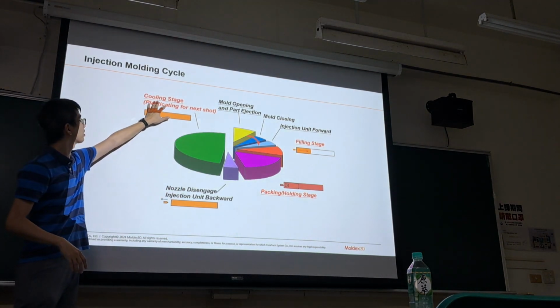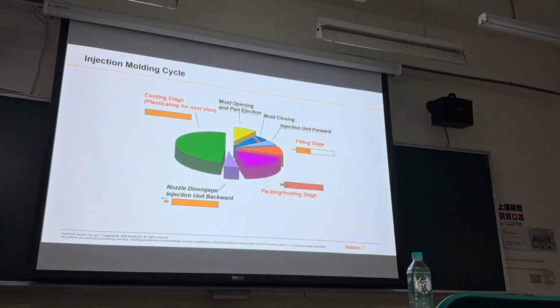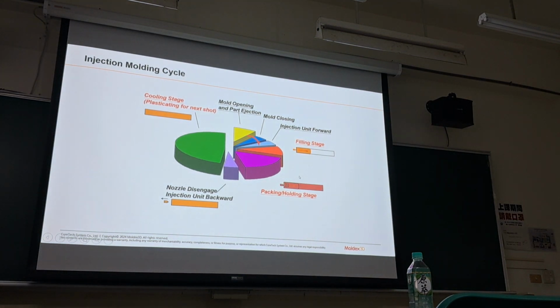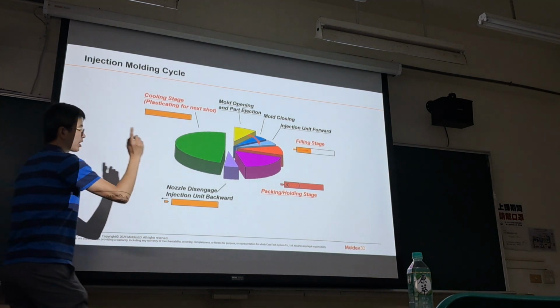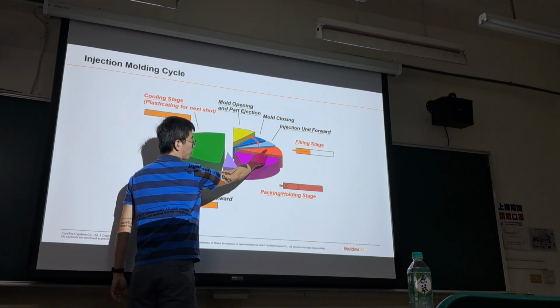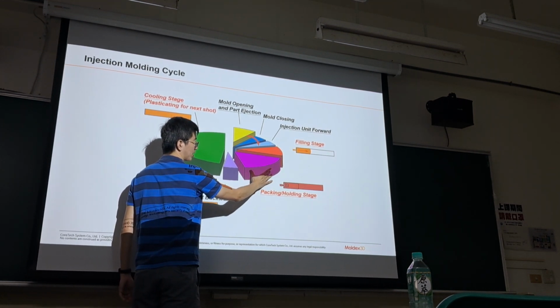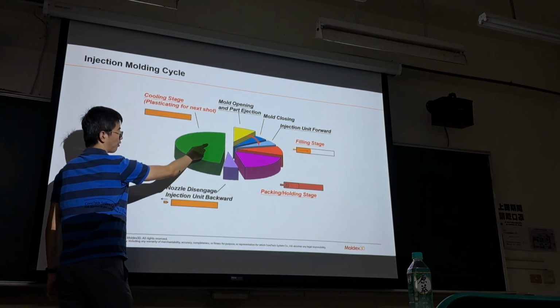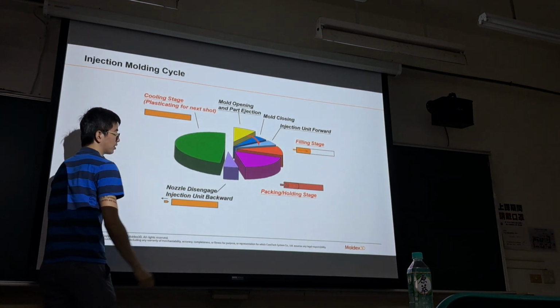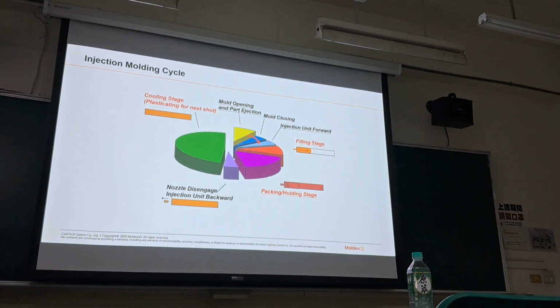So this cooling stage is the major period for the mold. Typically, we may have 1 second for feeding, like 5 seconds for packing to compensate the shrinkage, and we may have 15 seconds for the cooling stage.